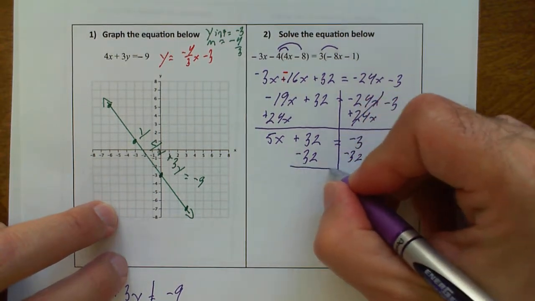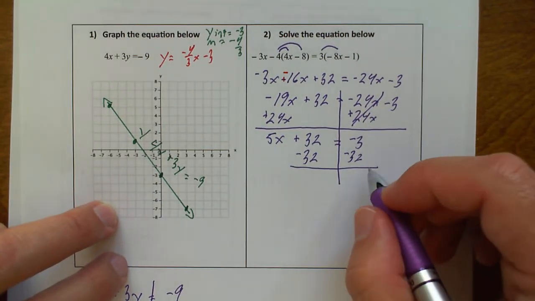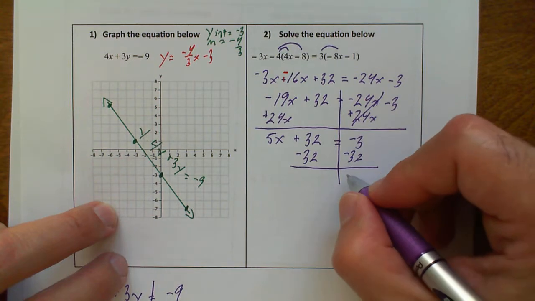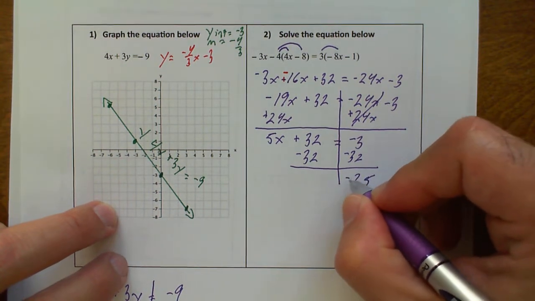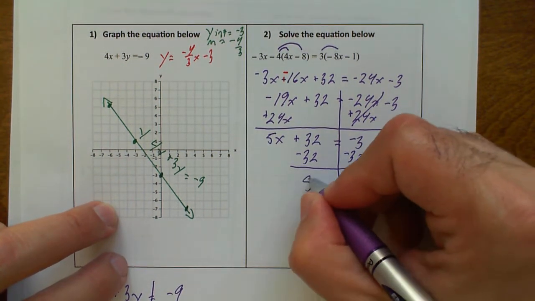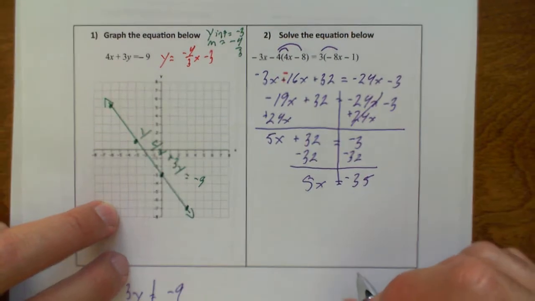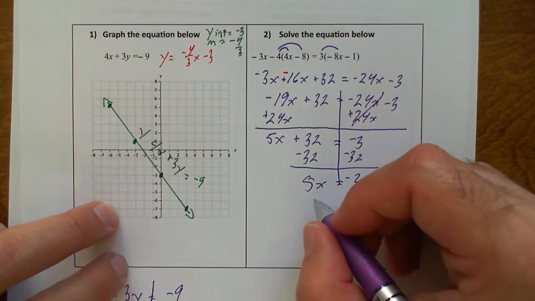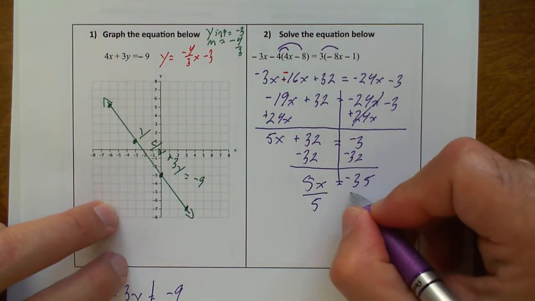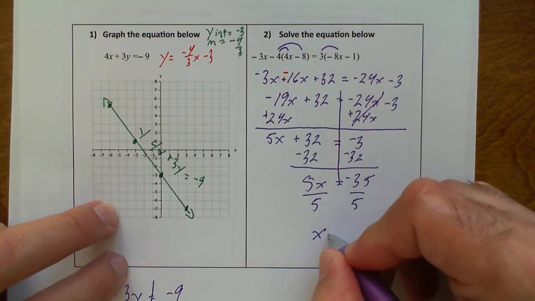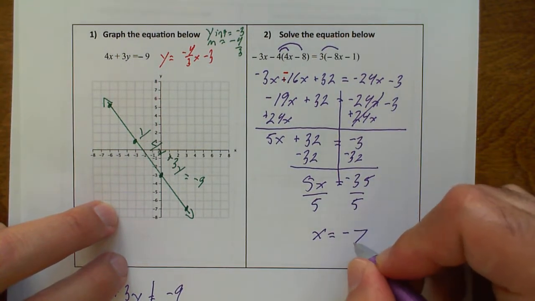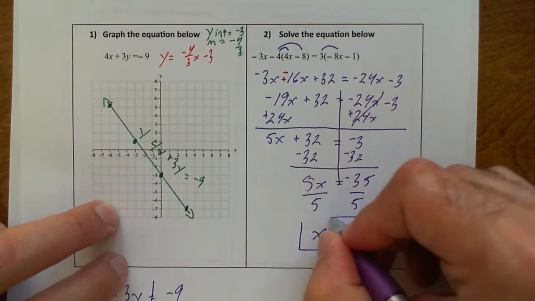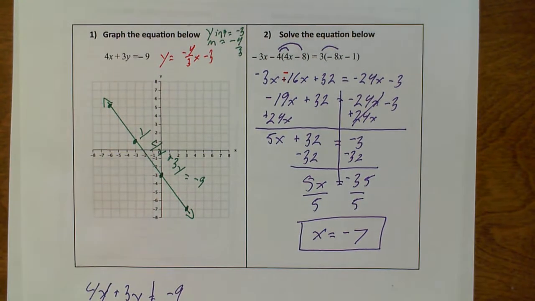Even though I'm subtracting, the signs are the same, so you really add. Negative 3 plus negative 32 is negative 35, equals 5x. Now we divide by 5, and x equals negative 7. There you go. No problem. You got that one done.